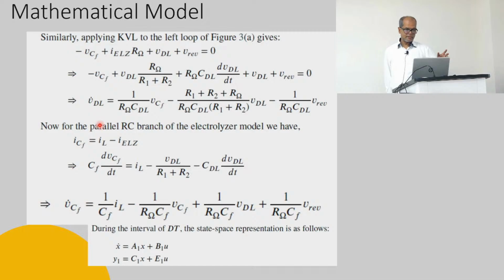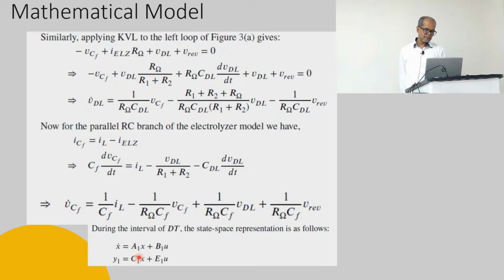I think every one of you knows that. But after that, if you want to have the state space model, I believe all of you know, this is the state vector, the A matrix which is related to the state variables, and the B matrix related to the input control. This is the measured output matrix.